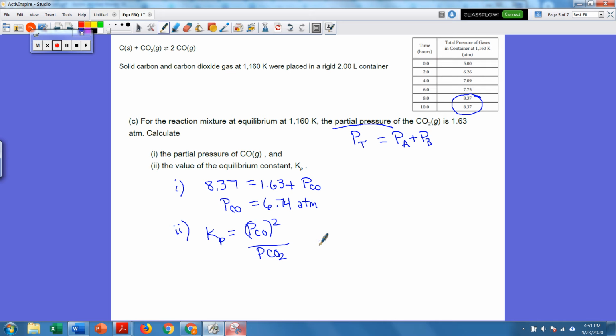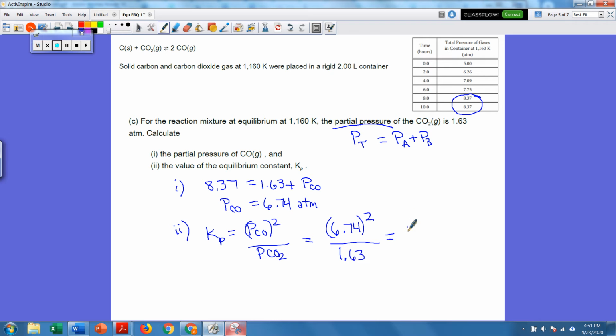So that is going to be equal to 6.74 squared over 1.63, not squared.